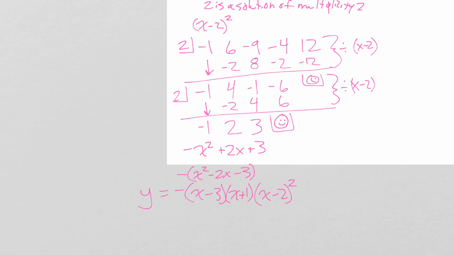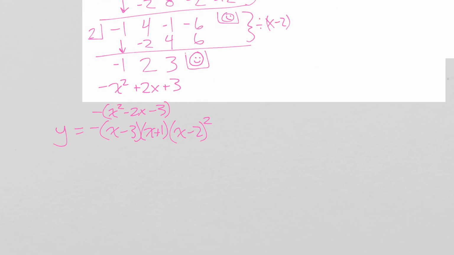And now we can go through and figure out what we want to know about this. The leading coefficient is negative. The degree of this function is a 1, 2, 3, 4th degree function, right? 2 powers of x, 1 power of x, 1 power of x, adding them together. 2 plus 1 plus 1 is 4.